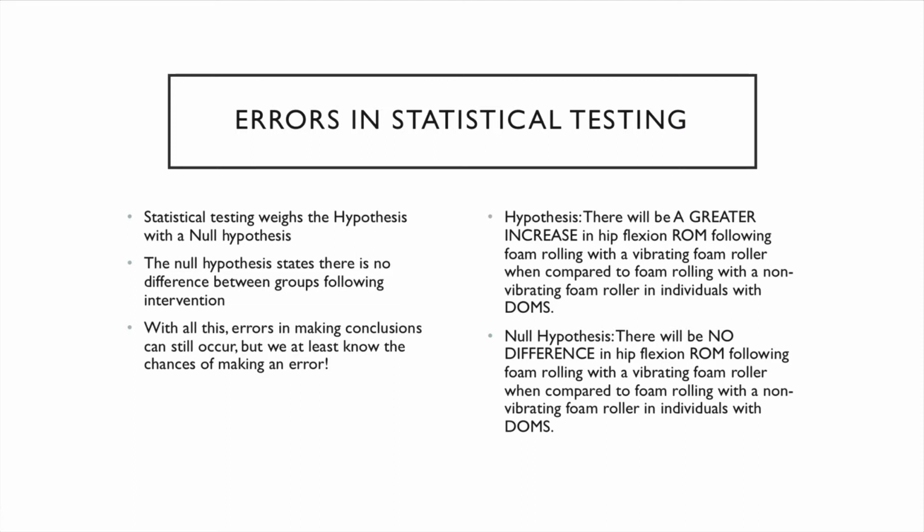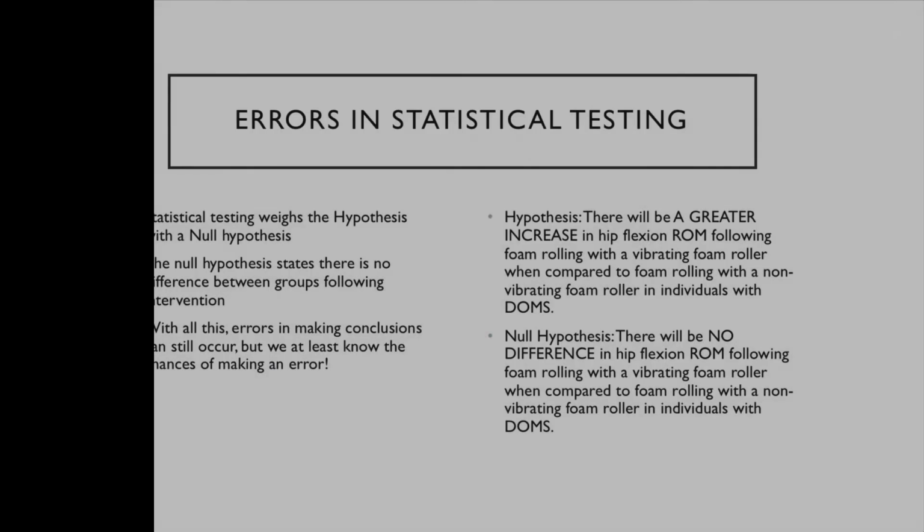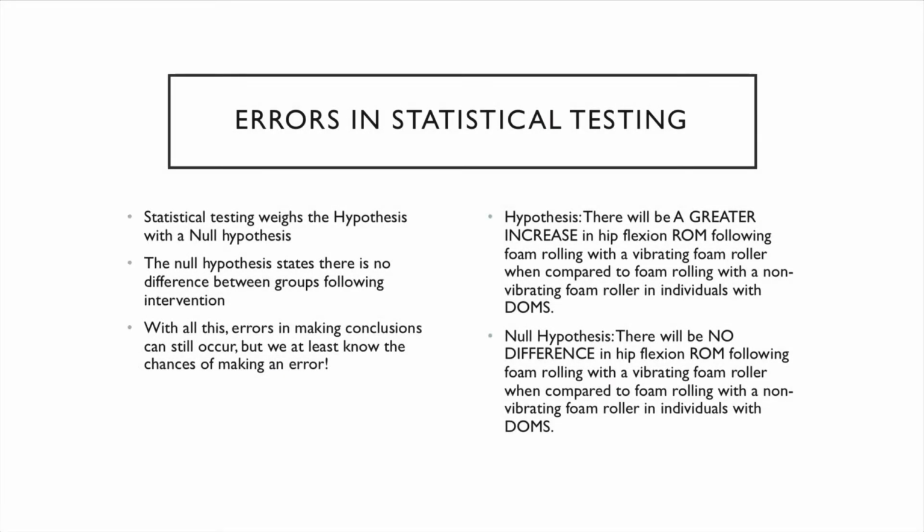The null hypothesis typically states that there is no difference between the groups following the intervention, versus our experimental hypothesis, which typically says that there is going to be a difference based upon our treatment. So with the null hypothesis and the research hypothesis, there's still a chance of making errors in our conclusions. But at least we know what the chances of those errors are.